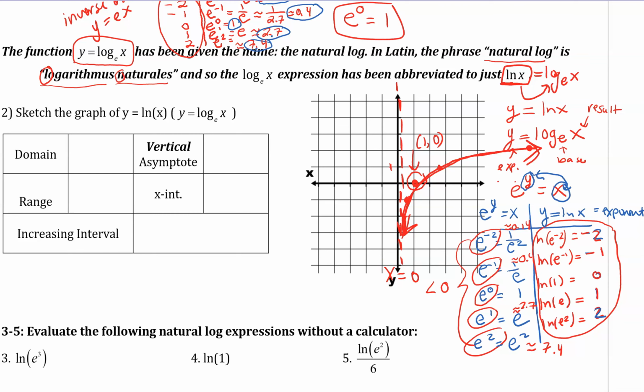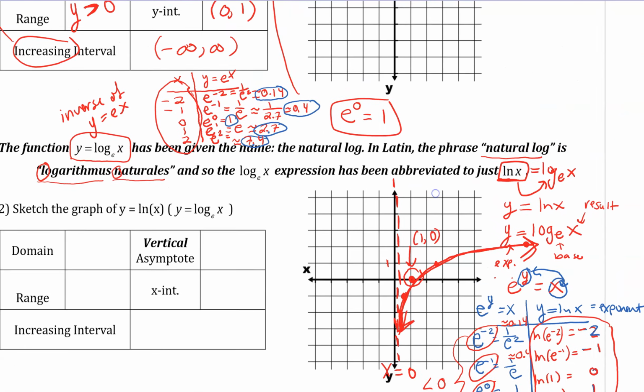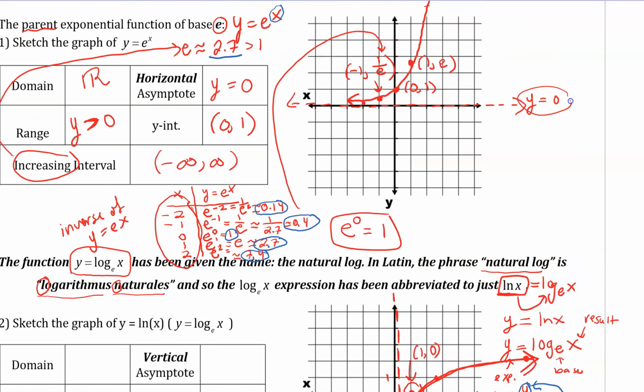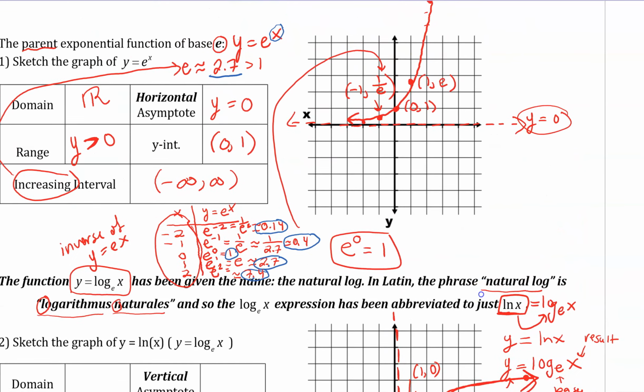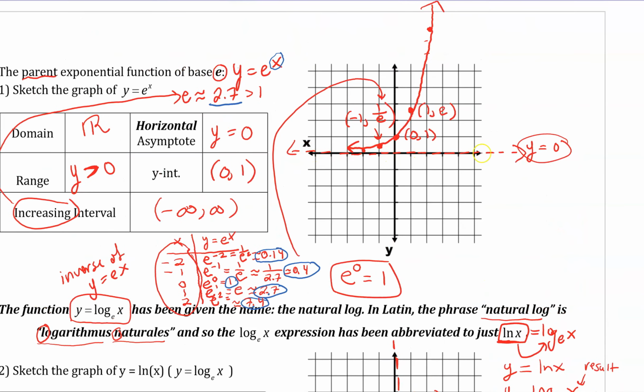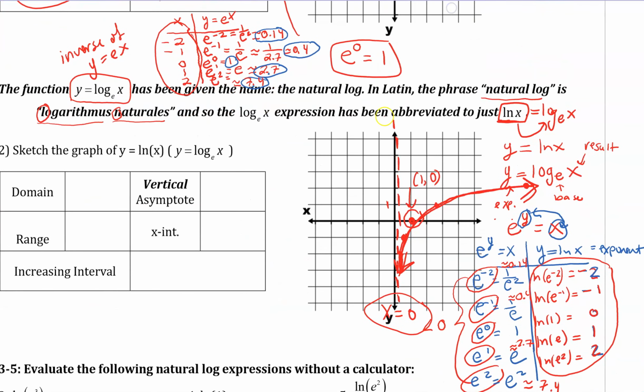And that's because x and y are switching, because the natural log of x, or log base e of x, is the inverse to e to the x. Then anything that belonged to y before, like even the asymptote, now belongs to x. So before we had a horizontal asymptote along the x-axis with the equation y equals 0. That switches. Now it goes along the y-axis with an equation of x equals 0.